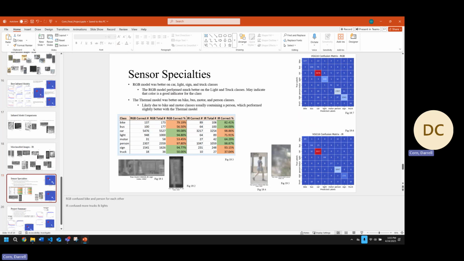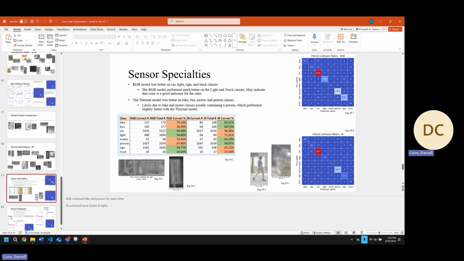So I think this indicates that color may be a good indicator for some of these classes. For instance, it did way better on the light class, maybe over 20% more were correct on the RGB model. And similar for truck, it was about 13% more images correct for the RGB.